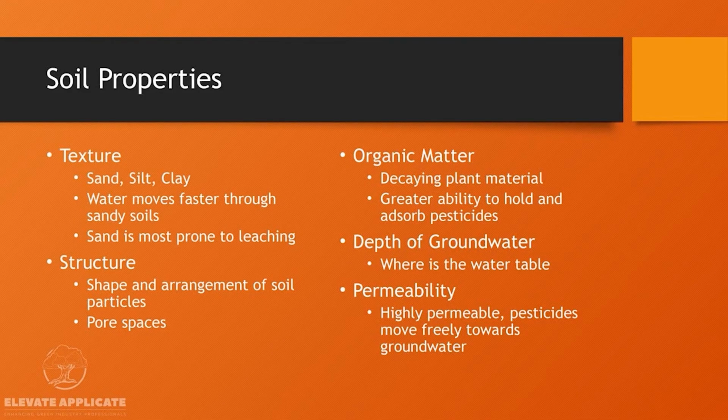It's decaying plant material, which has a greater ability to hold and absorb pesticides. Permeability is how freely water can move through it. Sand is very permeable. Clay is not as permeable. We also want to take into account the depth of the groundwater. Where is the water table? How long would it take for something to penetrate into the groundwater?